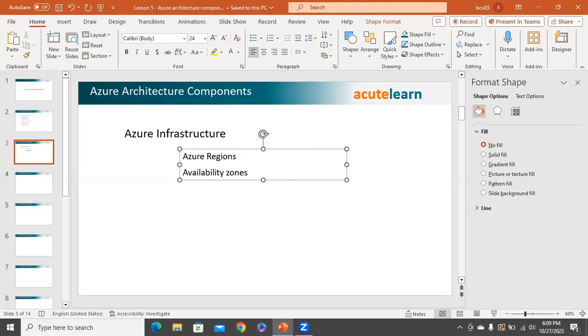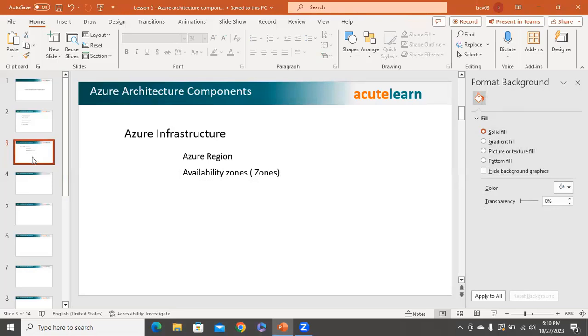We use the terminology Azure region, and one more terminology, availability zones, which in simple terms is also called edge zones. So let's understand what this means.